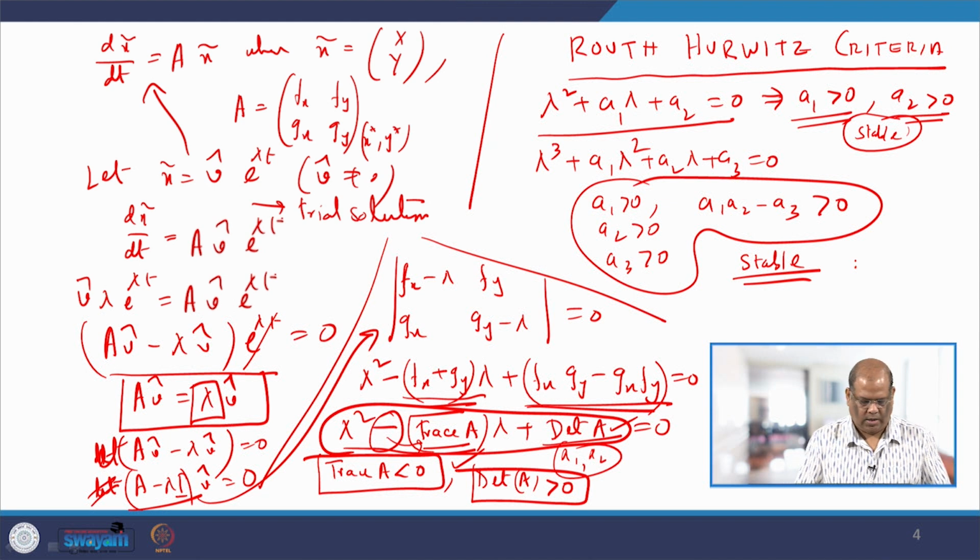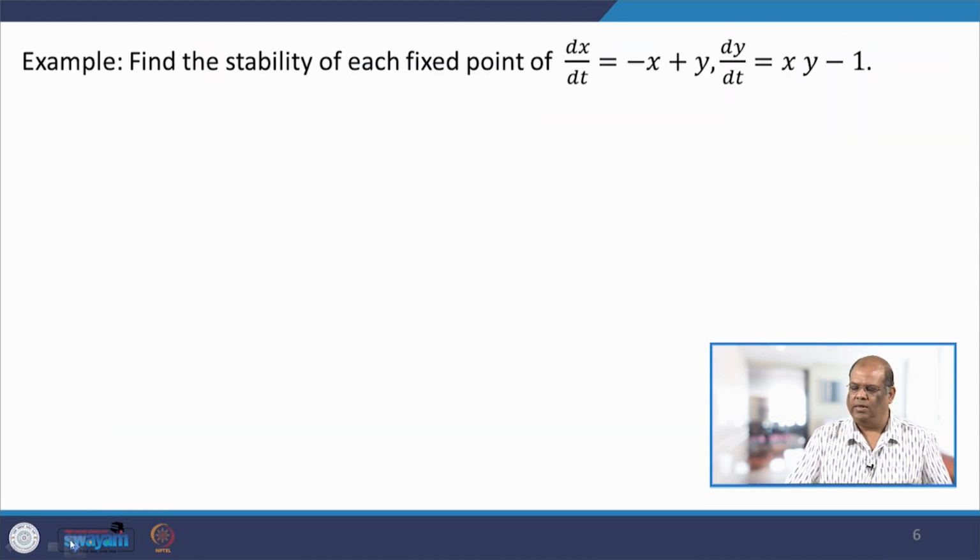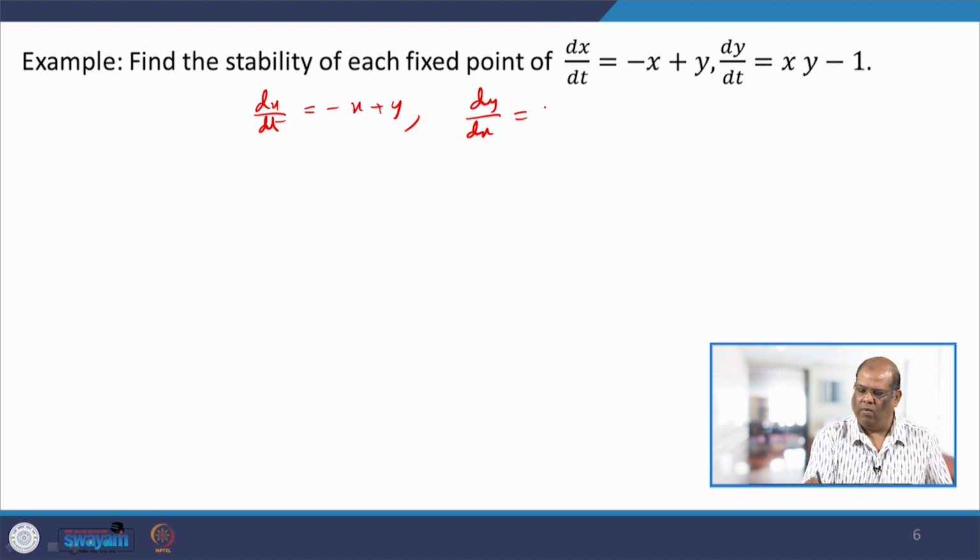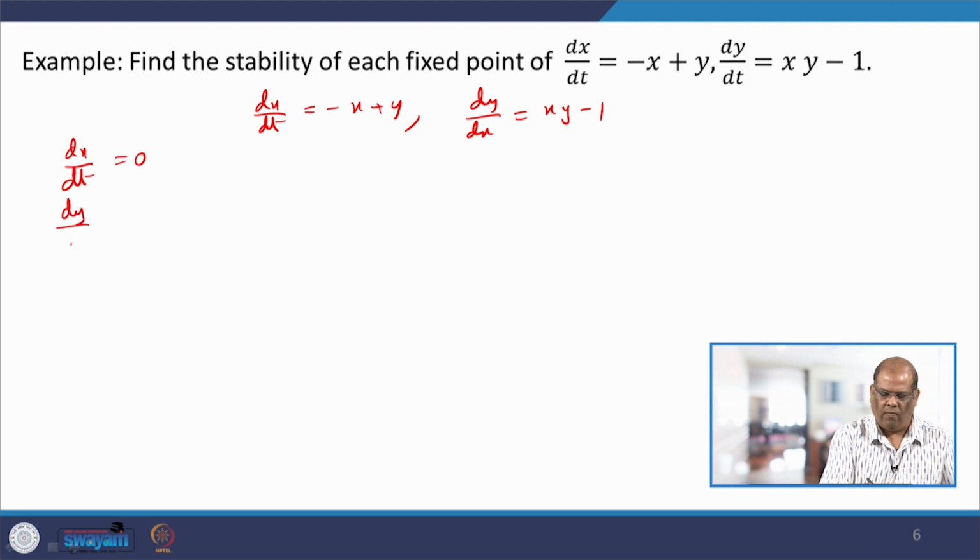So, let us move on to some example. You have to find the stability of the system dx dt equal to minus x plus y and dy dt equal to x y minus 1. So, the first thing is you have to find the point of equilibrium, and to do that you put dx dt equal to 0 and dy dt equal to 0.